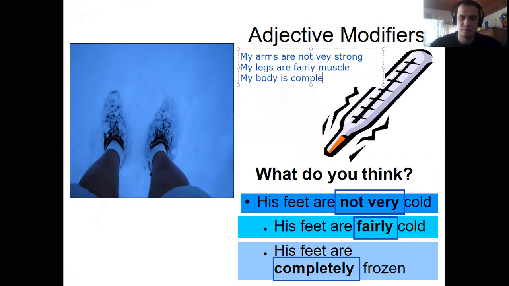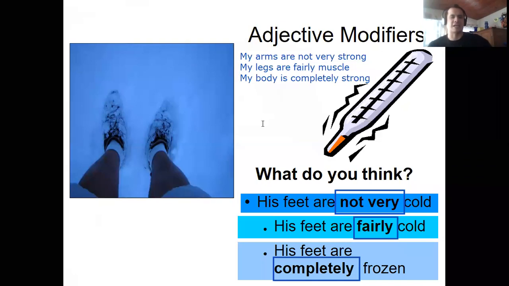Y, mister, te escribiste sin querer very. Okay, thank you. Okay, strong. Okay, for the finish to the class, my arms are not very strong, my legs are fairly muscled, and my body is completely strong.